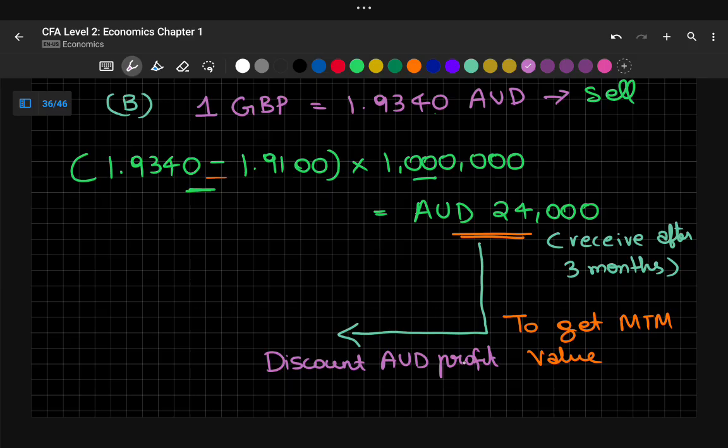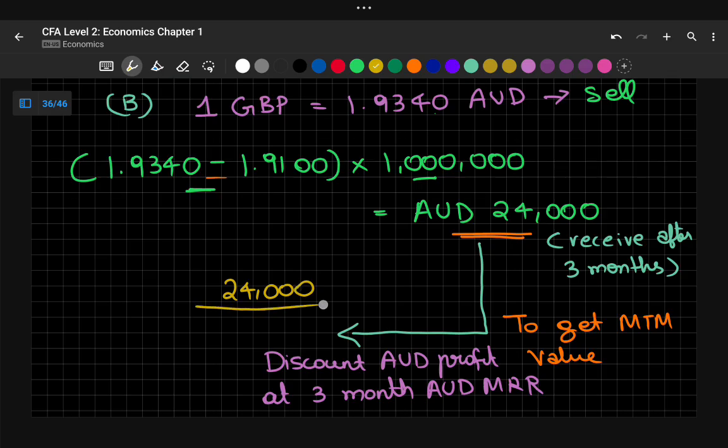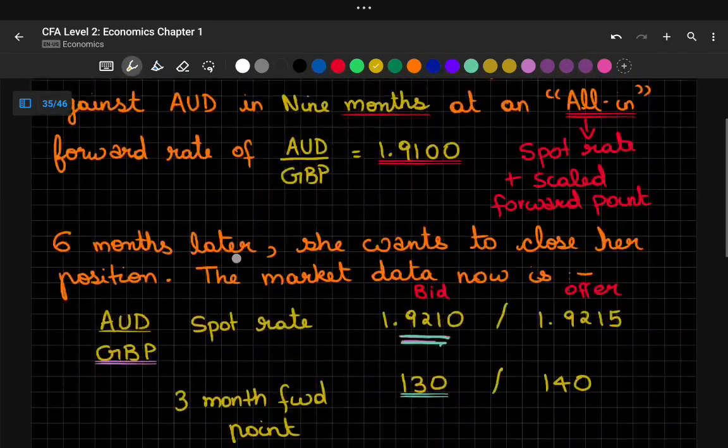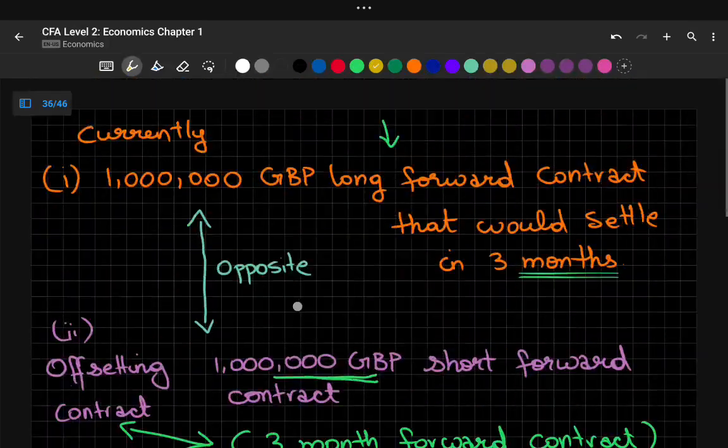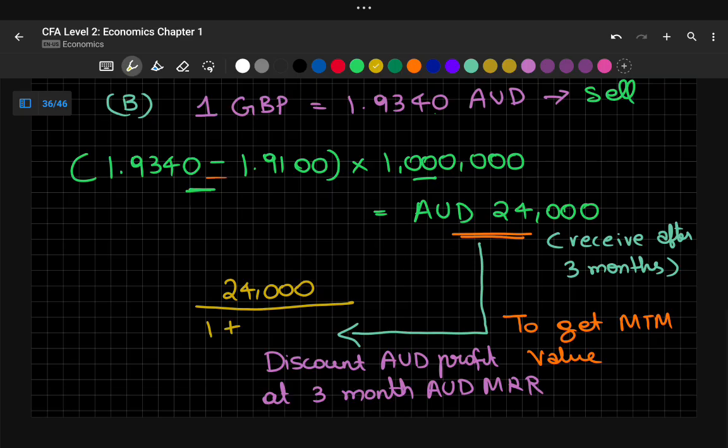Discount the AUD profit at the 3-month AUD MRR, and that would be equal to 24,000 AUD divided by 1 plus what was the MRR provided? The 3-month AUD MRR is equal to 2.4% annualized. So since it is annualized, I have to discount it to 3 months.